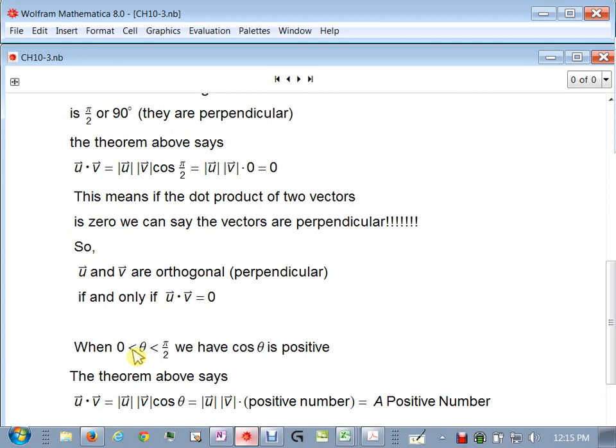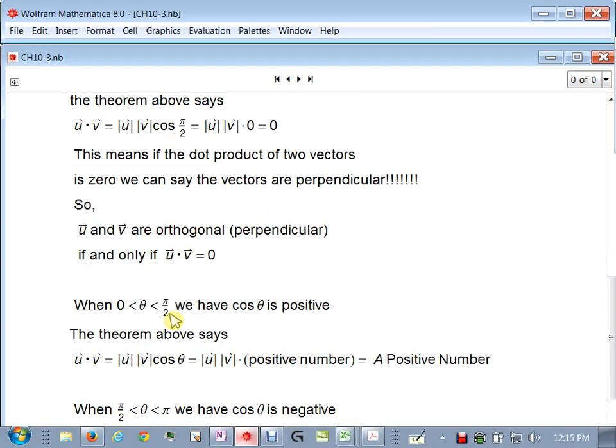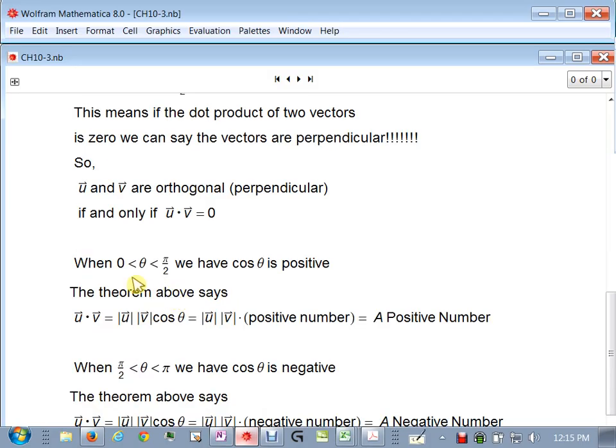Not every mathematical statement is an if and only if statement. All right, now if the angle is anywhere between 0 and pi over 2, when we think about the unit circle and angles 0 to pi over 2, we know that anywhere in here cosine is positive, isn't it?